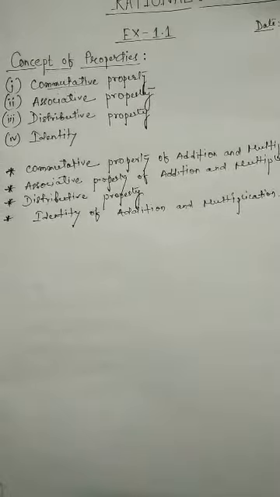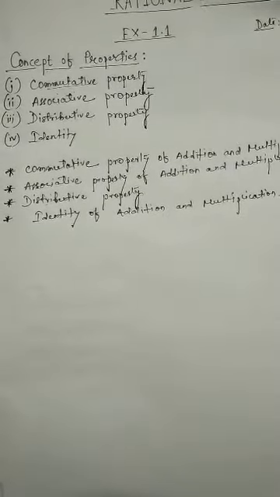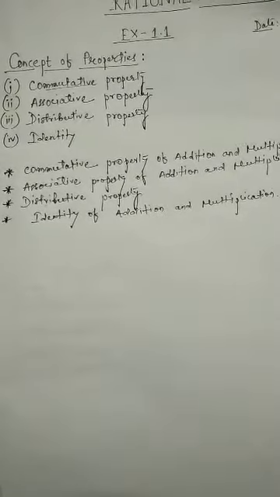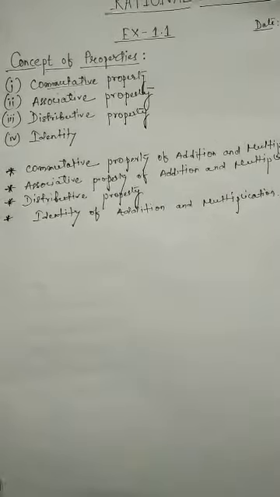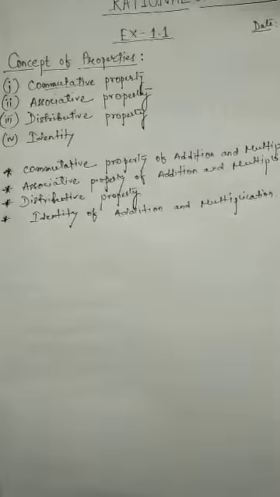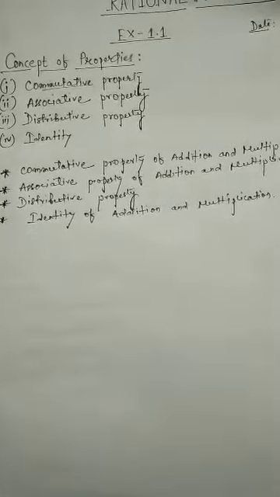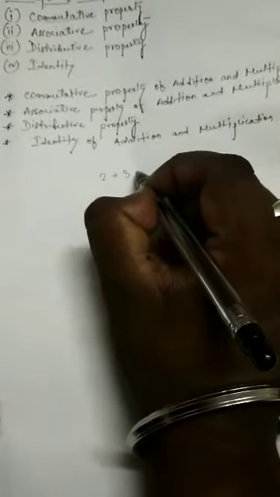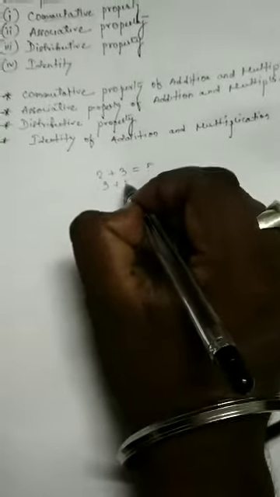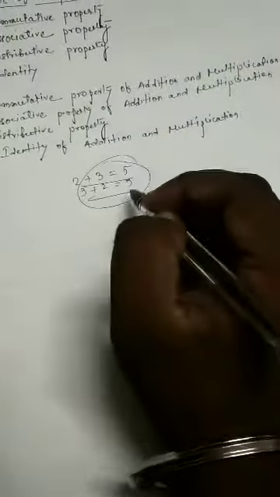As we all know, in case of addition, the value, rather the answer, never changes. If it is an addition, sum of two numbers, 2 plus 3 is equal to 5 and 3 plus 2 is equal to 5. Both results are the same. There is no change in the answer.